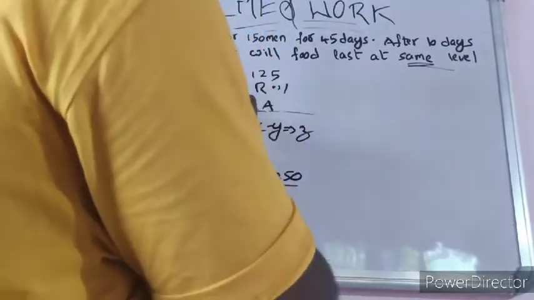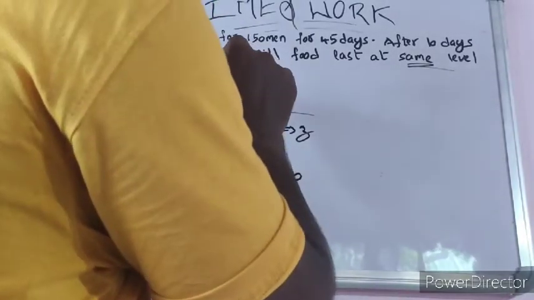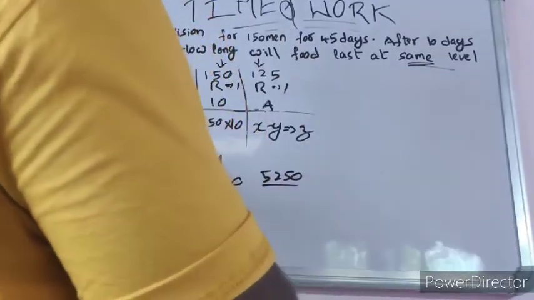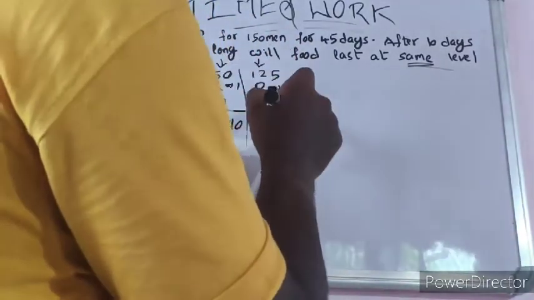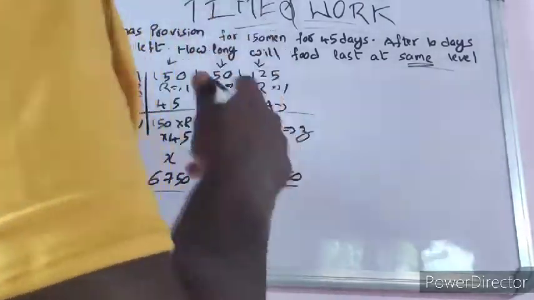So what you need to do is, this was what was mentioned in the question, this is what happened, this is what was supposed to happen, and we need to find what? We need to find the time period for which it will last.